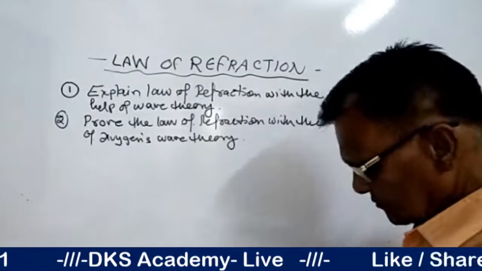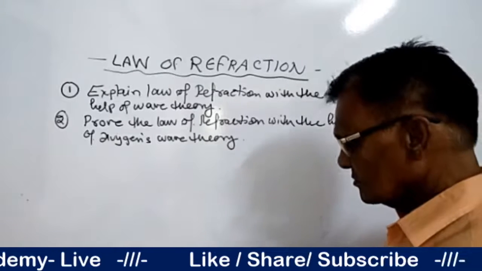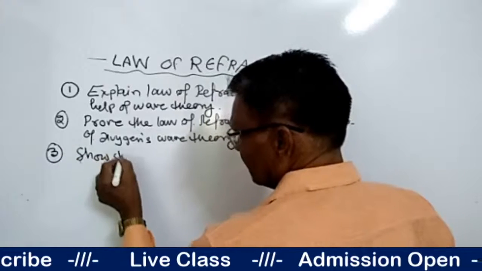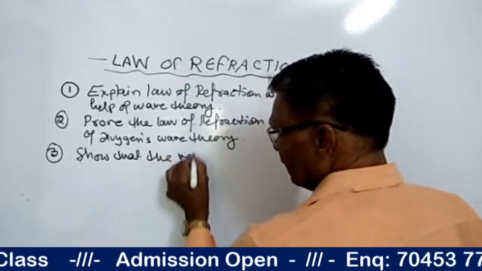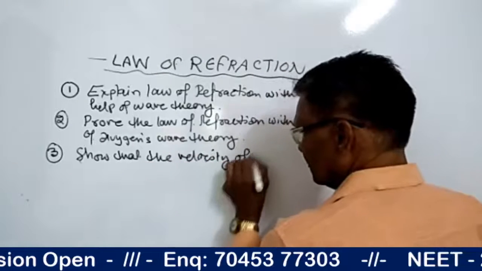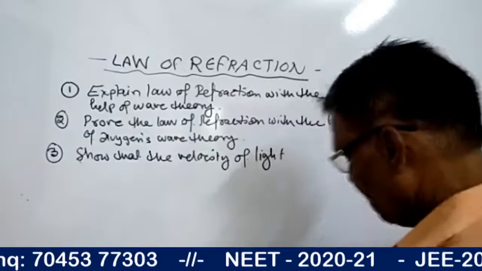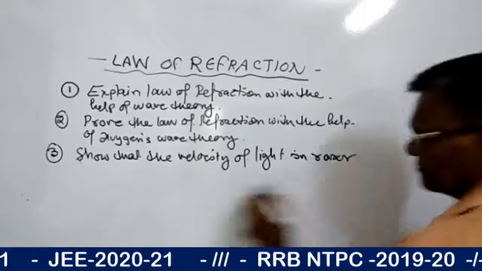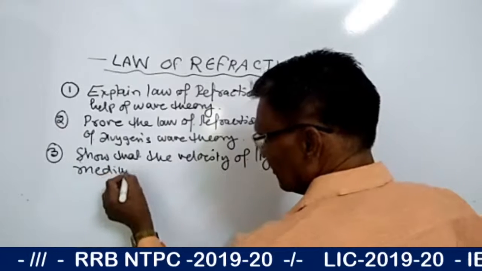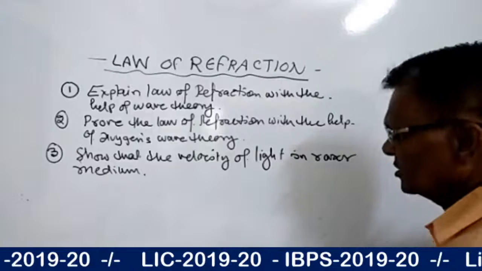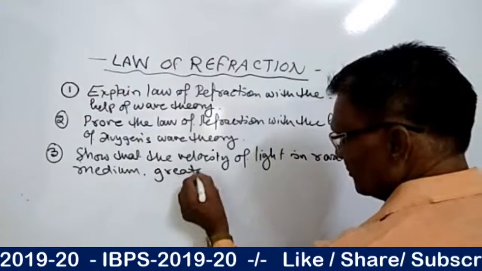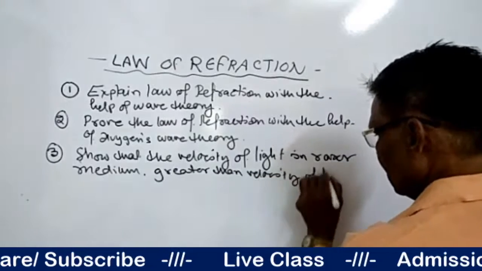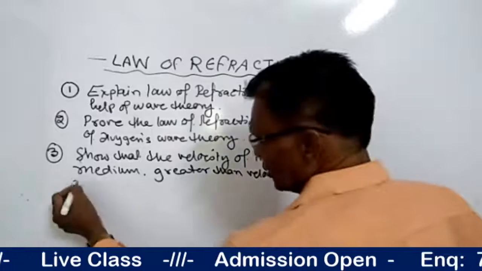And thirdly, third question is like this. Show that the velocity of light in air medium is greater than velocity of light in denser medium.